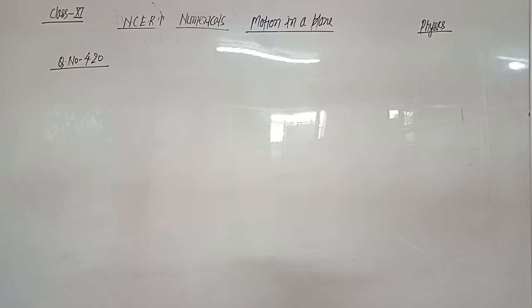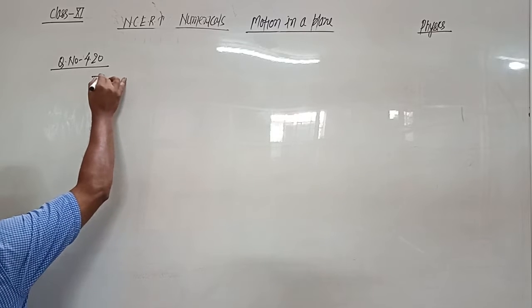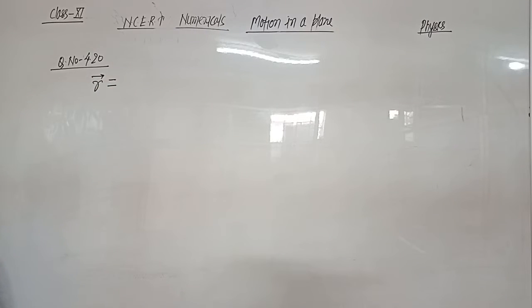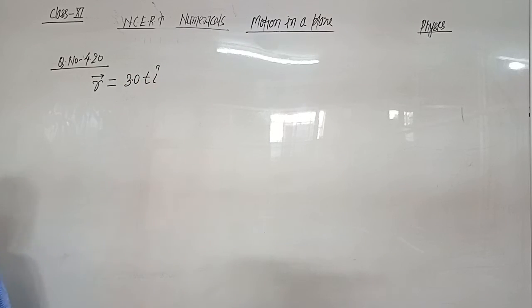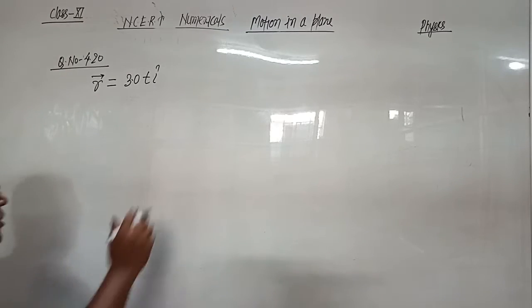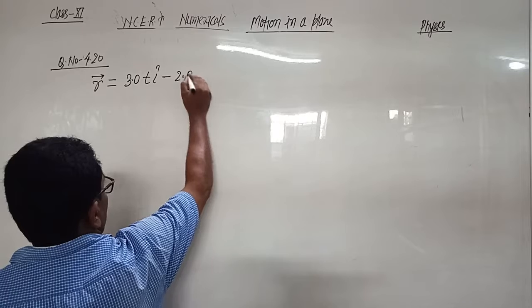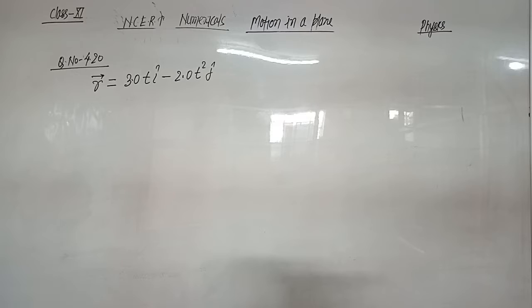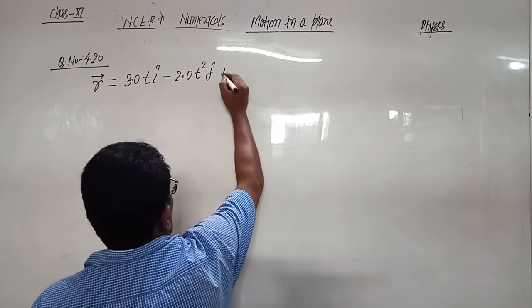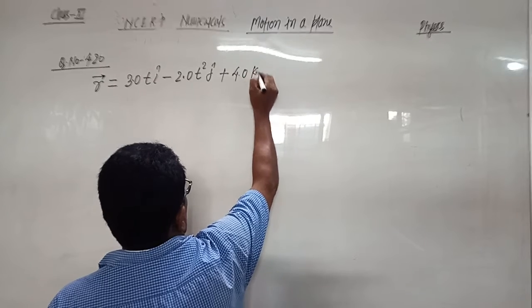Question 4.20. The position of a particle is given by r vector equals 3.0t i cap minus 2.0t square j cap plus 4.0 k cap.